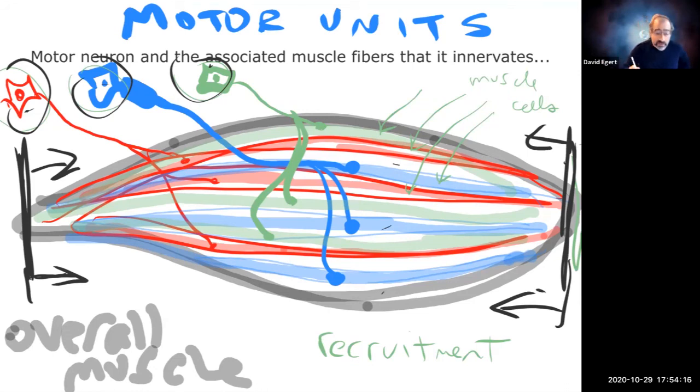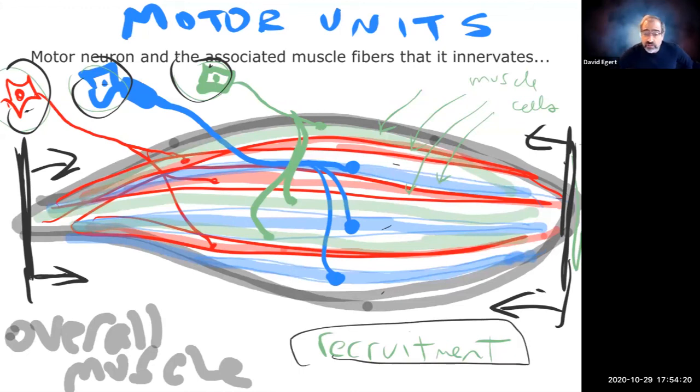So by recruiting more or less motor units, you can have a greater or more fine force that you're generating. How many muscle fibers do you think we have in a particular motor unit?